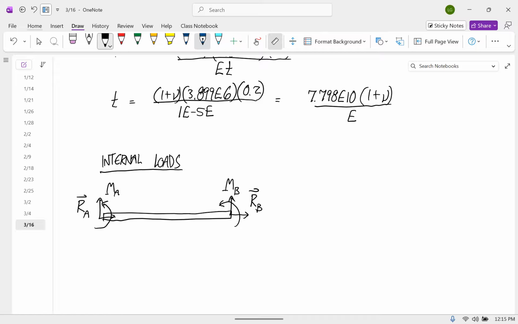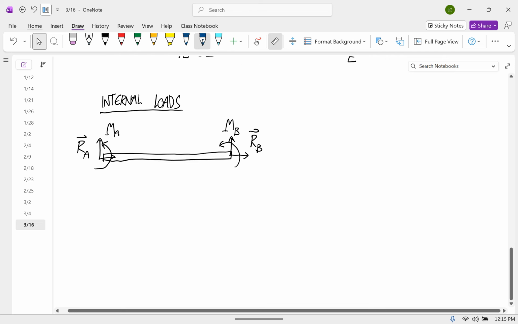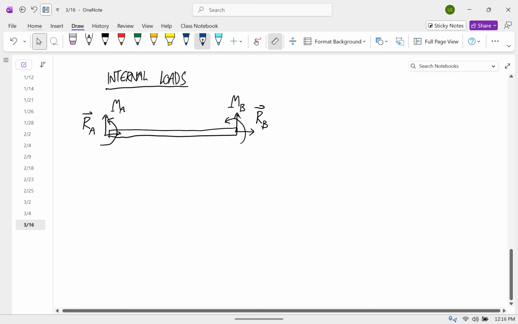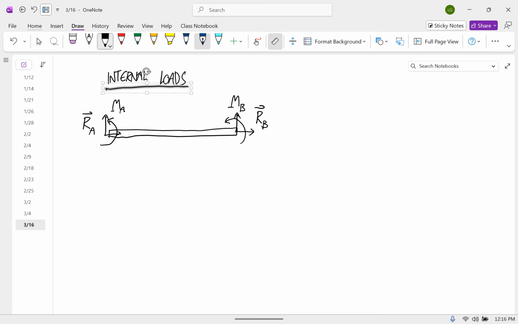Okay. And what we saw is that we can do cuts. So I'm going to do a bunch of cuts of this, okay? So think of a cut at any location along this beam.